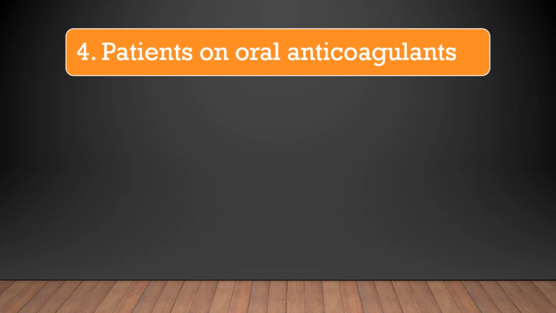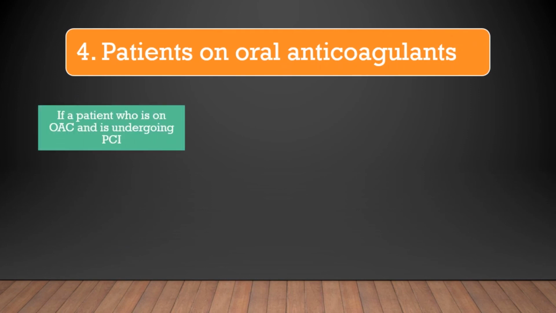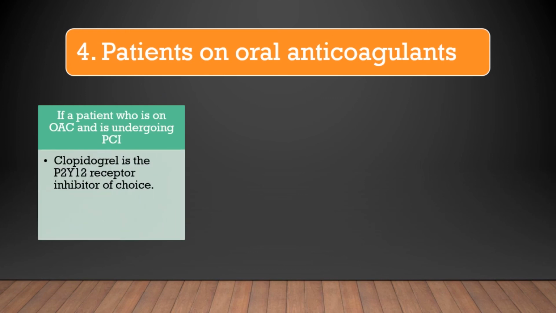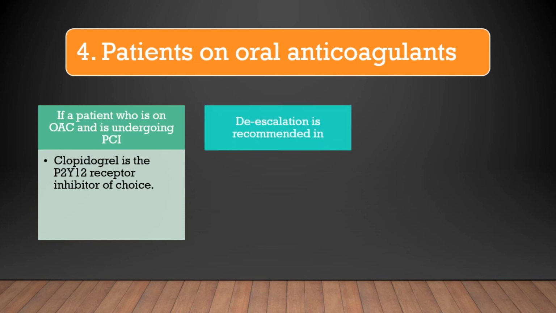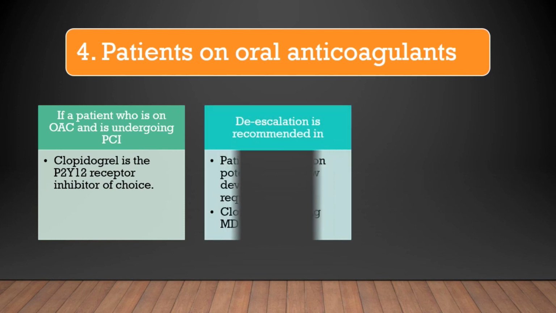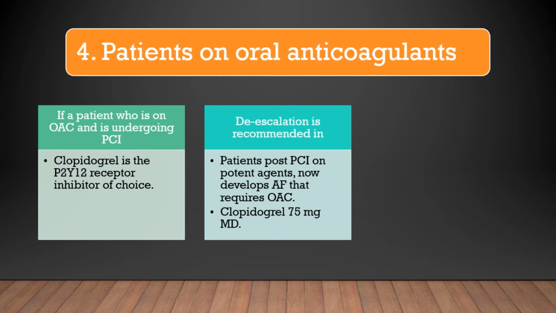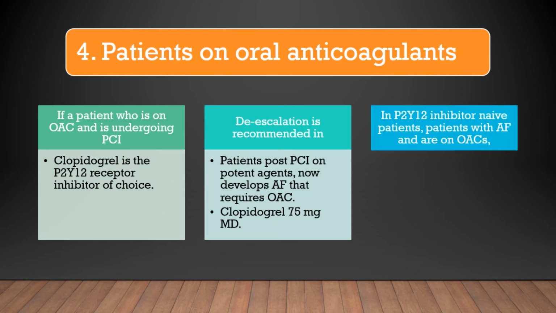Patients on oral anticoagulants. If a patient who is on oral anticoagulant is undergoing PCI, clopidogrel is the P2Y12 receptor inhibitor of choice. De-escalation is recommended when patients who are post-PCI on potent agents now develop atrial fibrillation that requires oral anticoagulants, and a clopidogrel maintenance dose of 75 mg is generally considered safe in these patients.